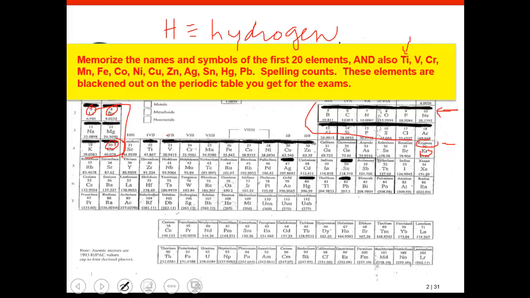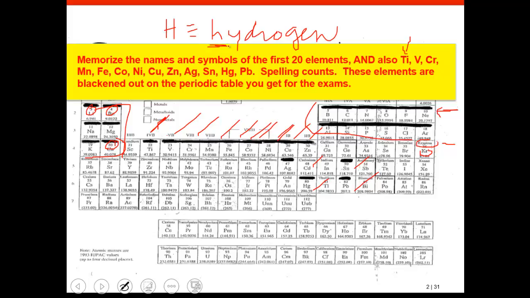We have titanium, vanadium, chromium, manganese, iron, cobalt, nickel, copper, zinc, cadmium. This is tin, this is lead, and this is mercury. You need to know those because we're going to be seeing those elements quite frequently, and so it's nice to know their symbols.